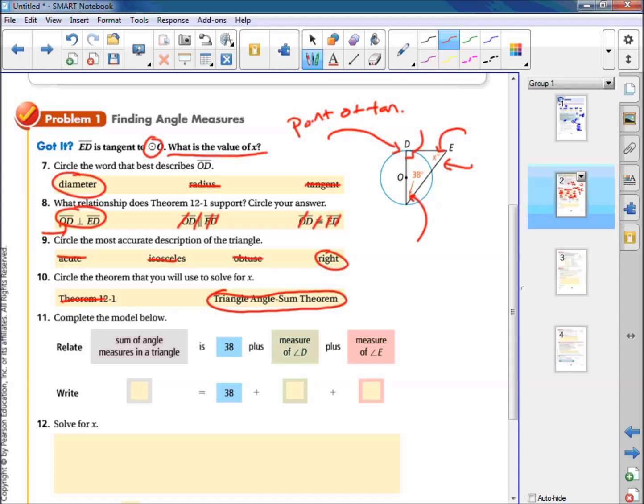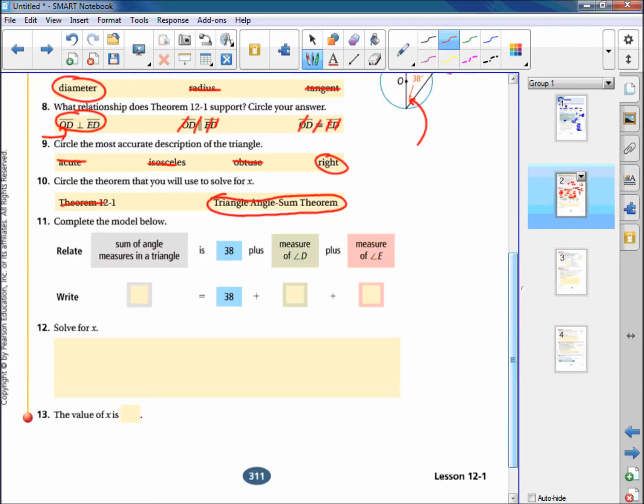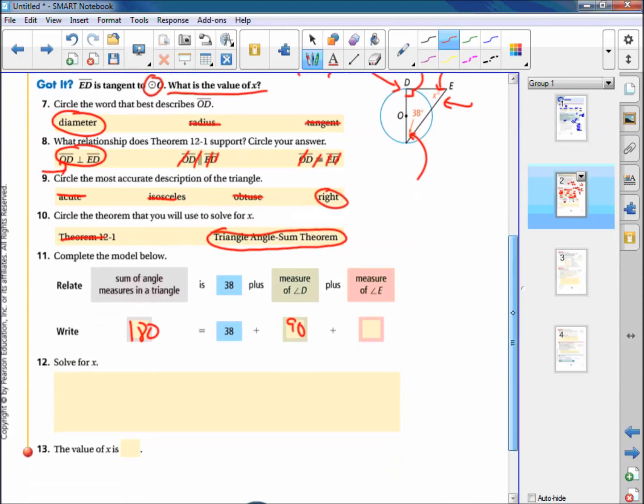Complete the model below. Sum of the angles in a triangle is 38 plus the measure of angle D plus the measure of angle E. So the sum of measures in any triangle is 180, and that's going to be equal to 38 plus D, which was 90, plus x, which is E. Then we're going to solve that for x.